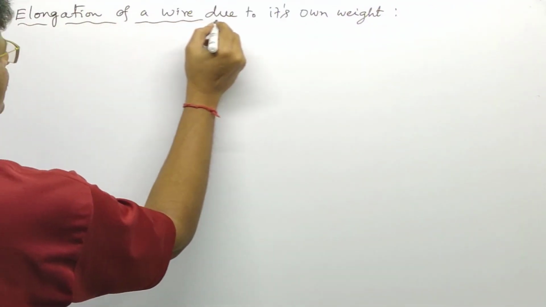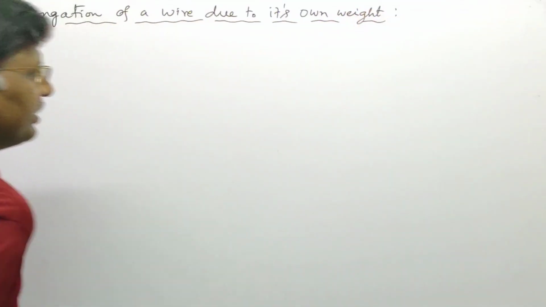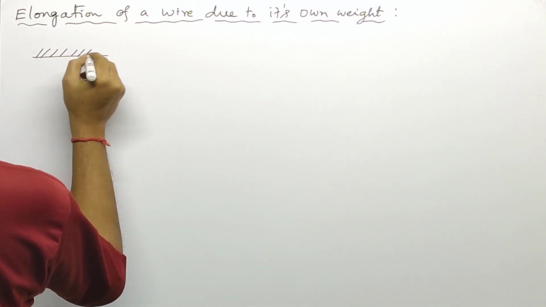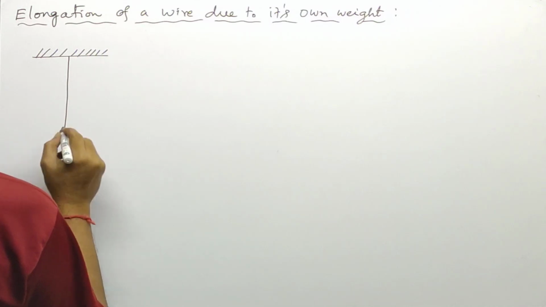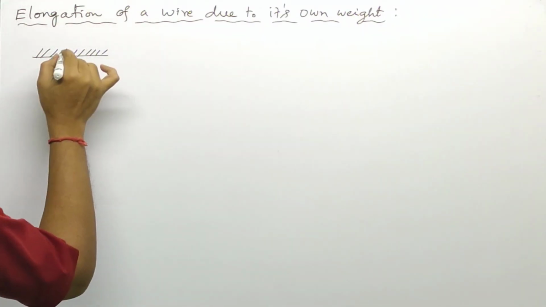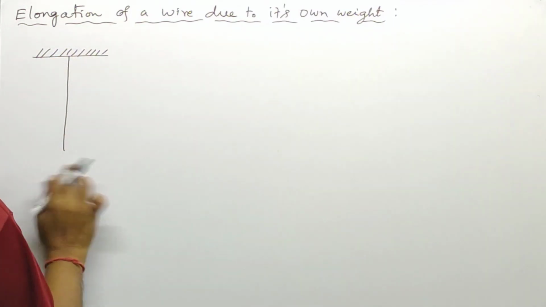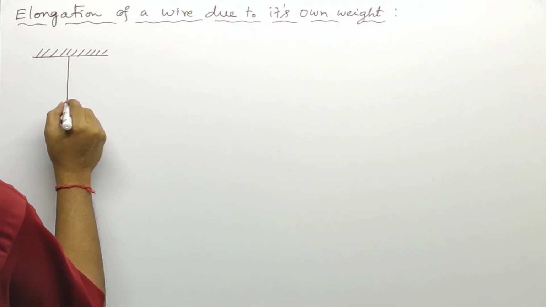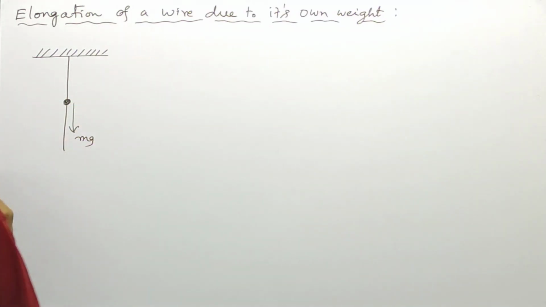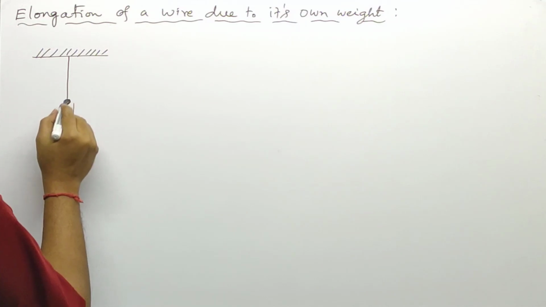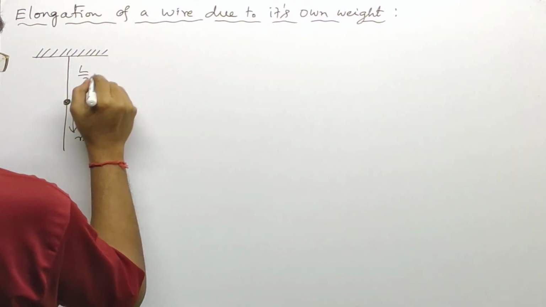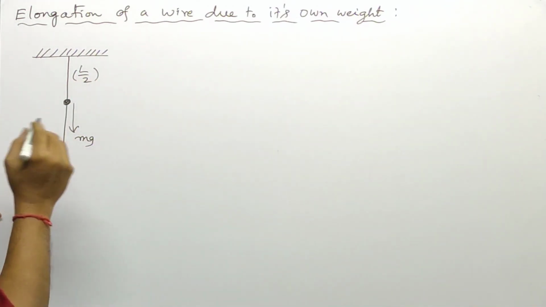Let us assume that a wire of certain initial length, say capital L, is suspended from a rigid support without any load attached to the wire. Its weight is acting from its center of mass. Let mg be the weight of the wire. The center of mass is located exactly at the middle, therefore the effective length is L by 2 only.